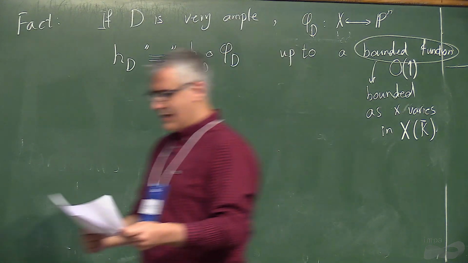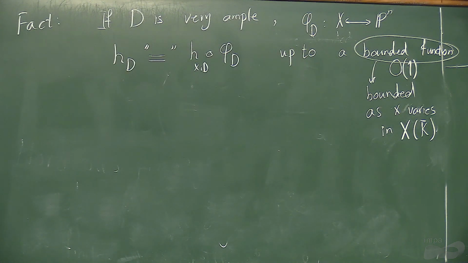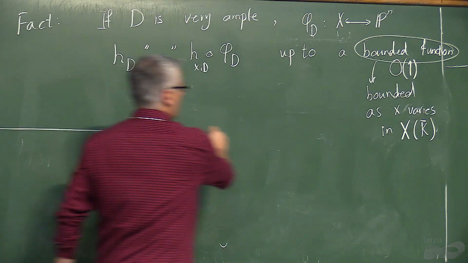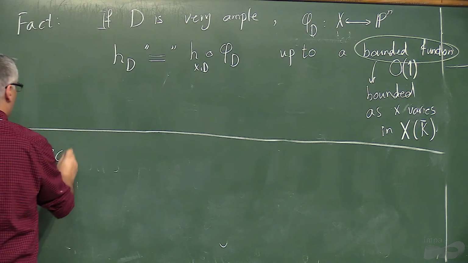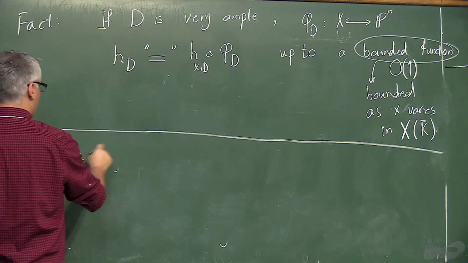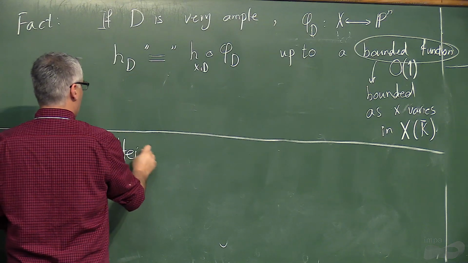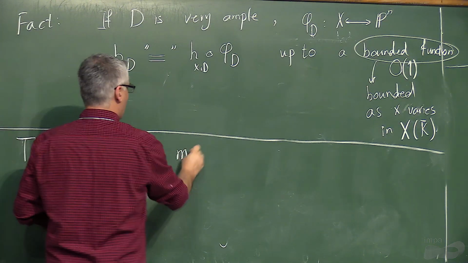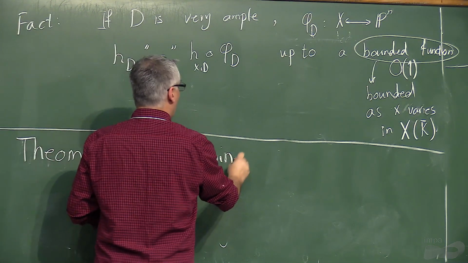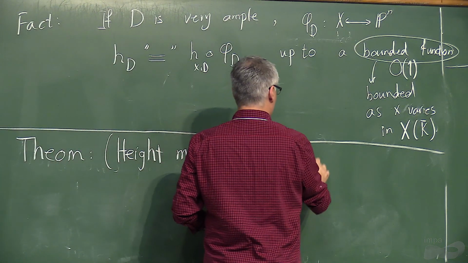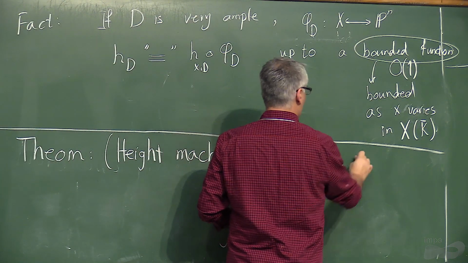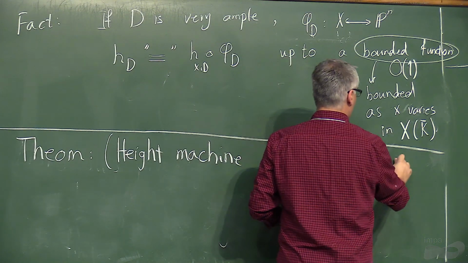So everything is up to a bounded function. I'm going to write this a little bit more fancy and more digestible, which has actually more information, even though it's shorter. So the theorem, essentially due to Weil and Northcott, this is the height machine theorem. It's a homomorphism from geometry to arithmetic.